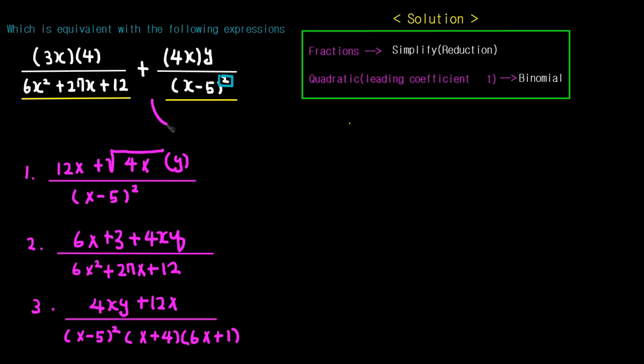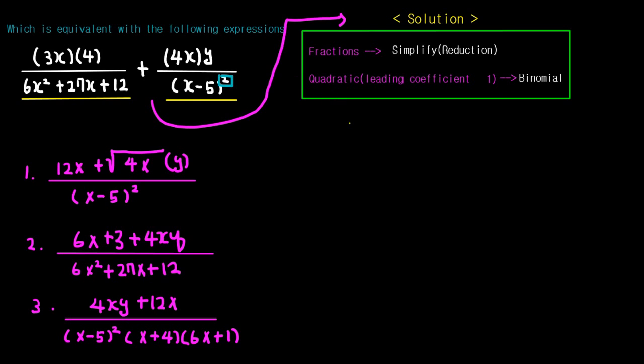Using this pattern, I made one solution for it, and it is formed by step 1 and step 2. In step 1, it is a fraction, which means we need to simplify by reducing, unless it is a multiplication or a division.